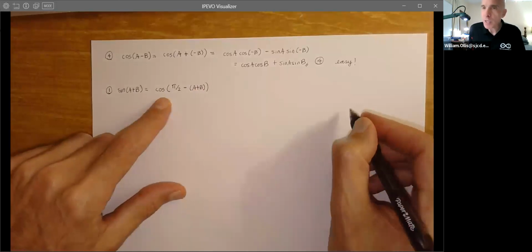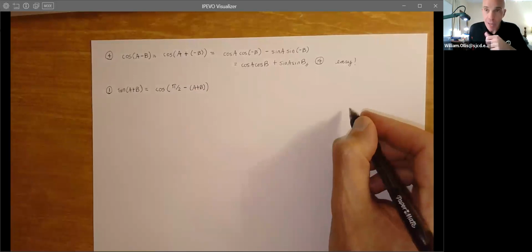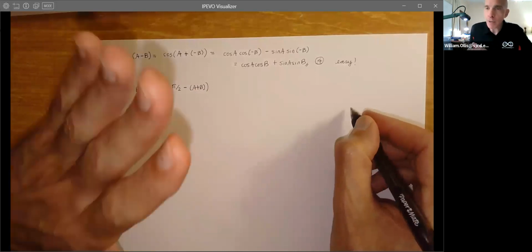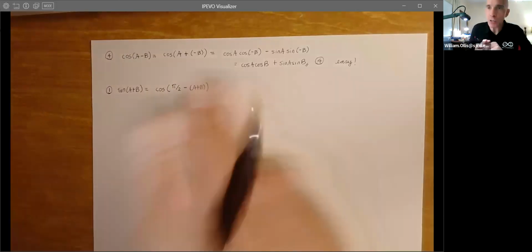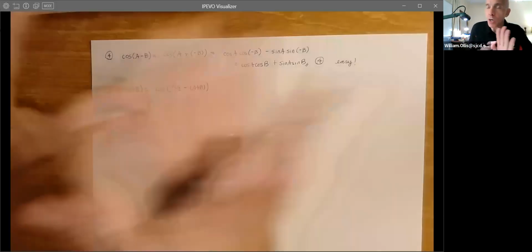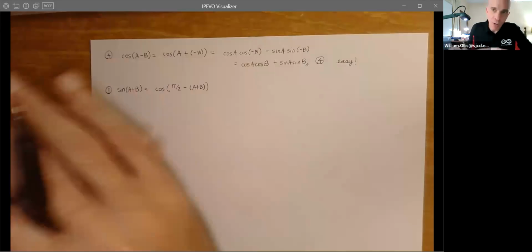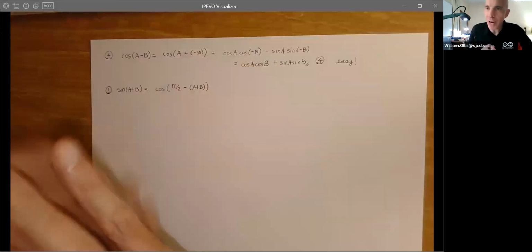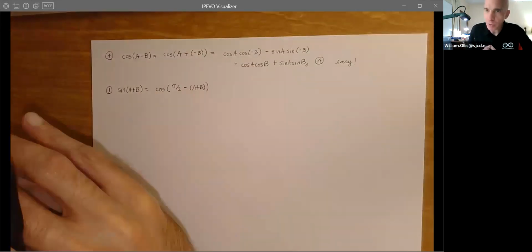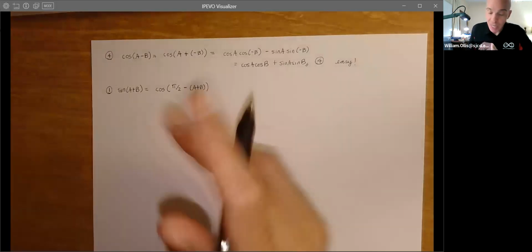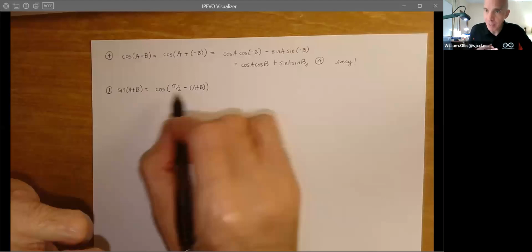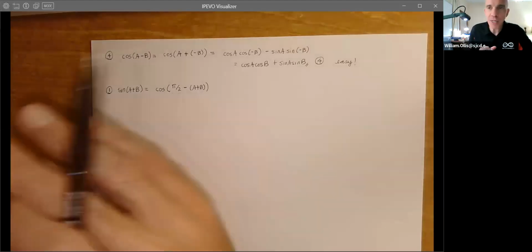So the beauty of the cofunctions is that they work for any triangle, so to speak. Regardless of the quadrant, we can always move back to the acute triangle in the first quadrant using the reference angle. So this is applicable to any A and B. That's the beauty of trigonometry.